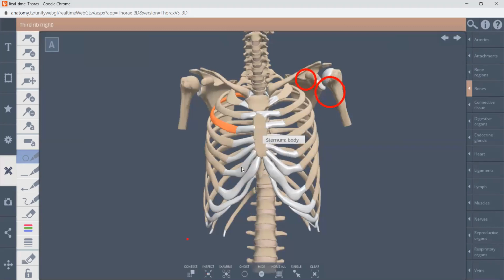False ribs are ribs 8 through to 12 because rib 8 connects with the costal cartilage of rib 7. So it doesn't connect with the sternum directly. It comes as a byproduct of the connection with the costal cartilage of 7. We then come down to these 2 ribs here. These are 11 and 12. And as you can see from the diagram, there's no anterior connection between those 2.